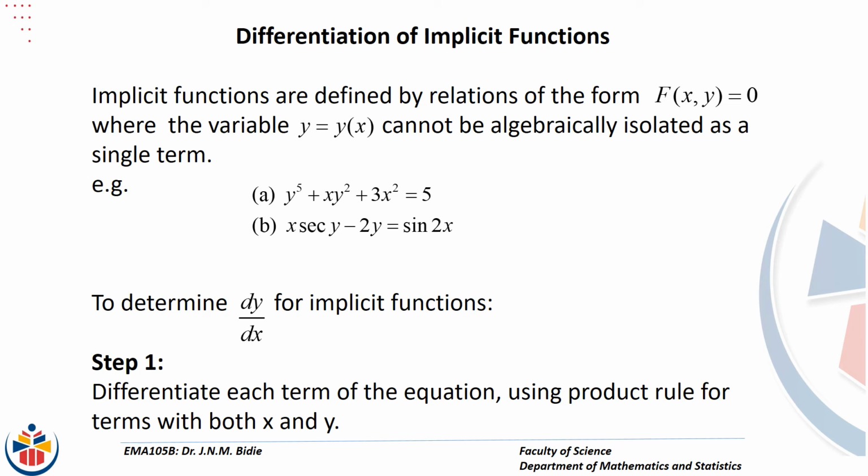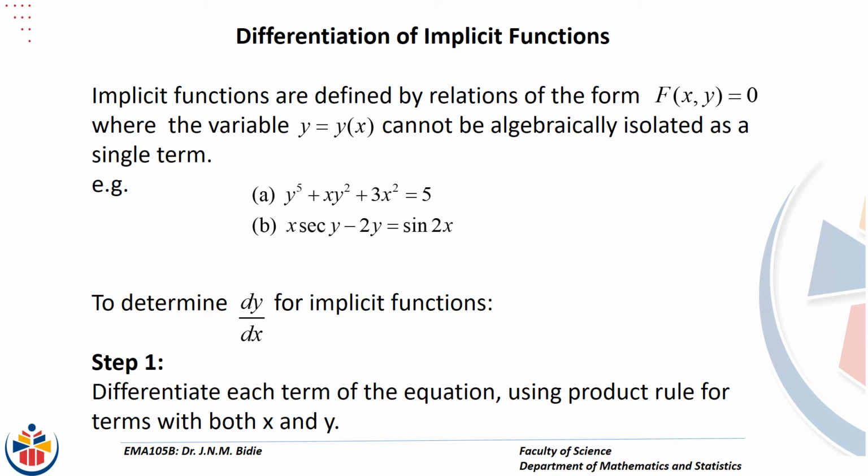And if we've got x times y in your expression, it means you use the product rule because y is also a function of x. So the first step for implicit functions, differentiate each term.